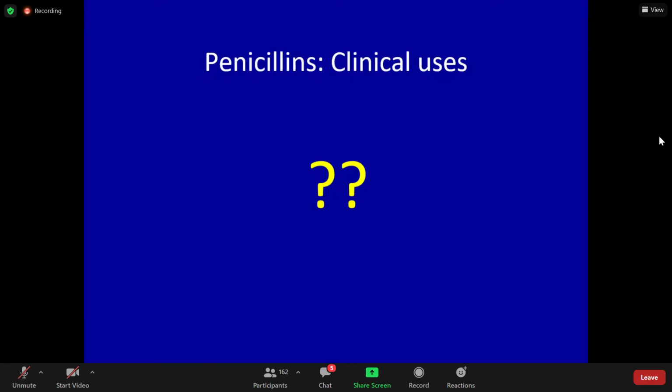I actually want you to have an idea about the antimicrobial spectrum. Penicillin G is effective against gram-positive bacteria. Aminopenicillin is effective against some gram-positive and some gram-negative. Ticarcillin is effective mainly against Pseudomonas aeruginosa. This is the way to memorize the clinical uses of antibiotics: the antimicrobial spectrum.